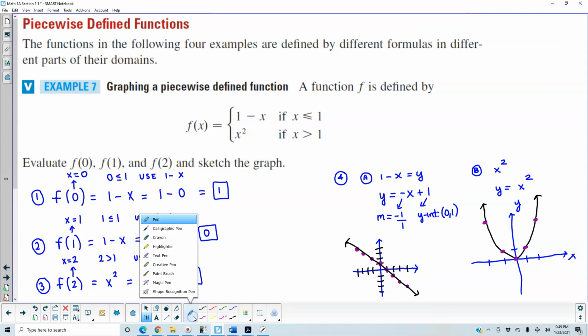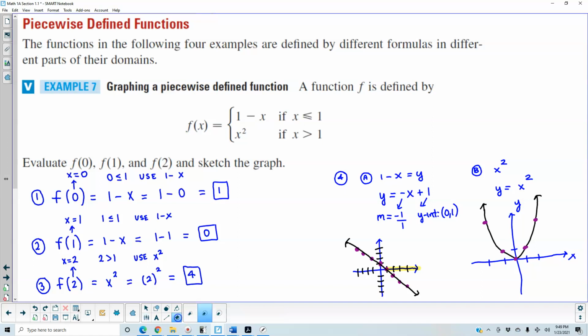Everything from here on out. Now, we know that it has to be less than or equal to, so we can include that point. I don't need any of these other points. This is all I need, this part here. And therefore, this is part of my piecewise defined function.